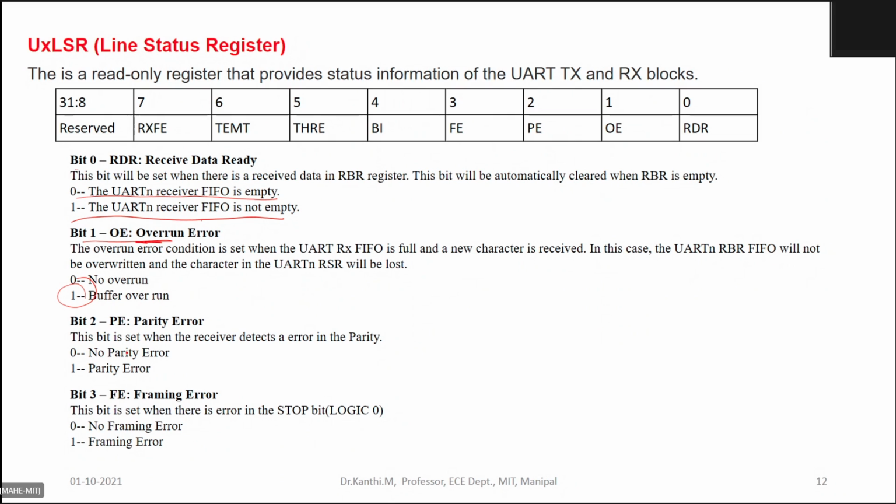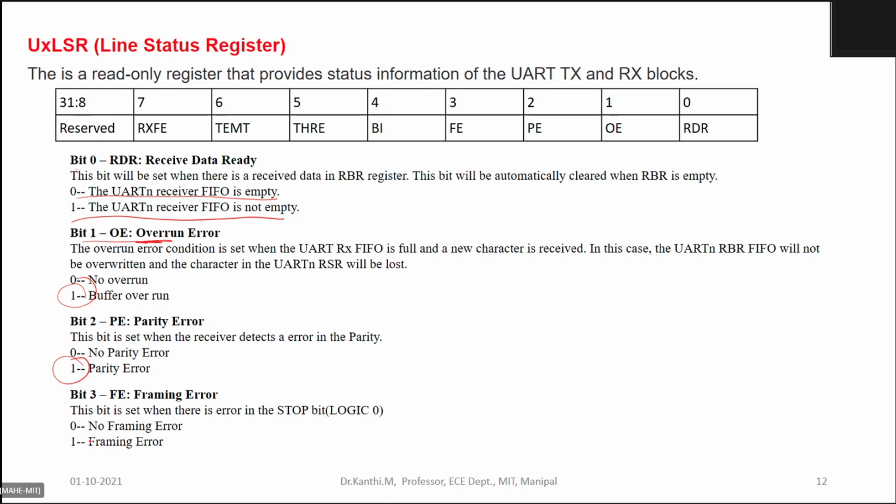When we have a parity error, this bit is set when the receiver detects an error in your parity. So whenever it is high, there is a parity error. Then you have a framing error. You have a specific pattern which you have configured through your control register, that is a 5-bit character or whatever.